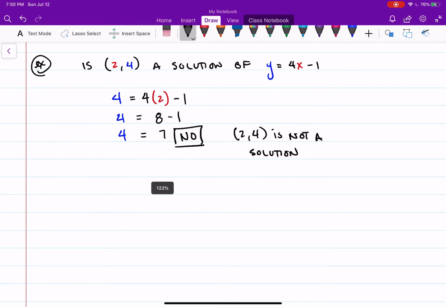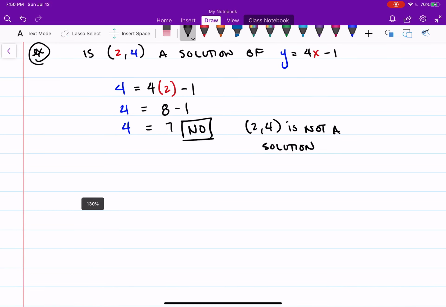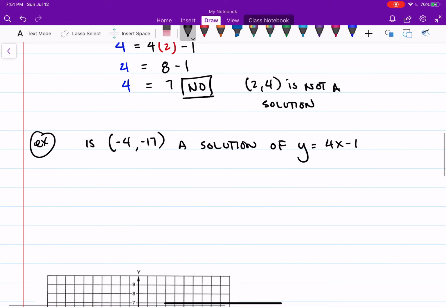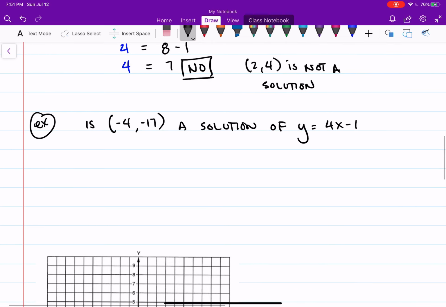Okay, there we go. So let's do another one. So example: is (-4, -17) a solution of y = 4x - 1? So let's plug it in. Let's see.